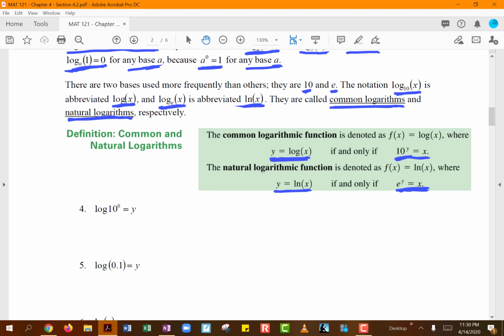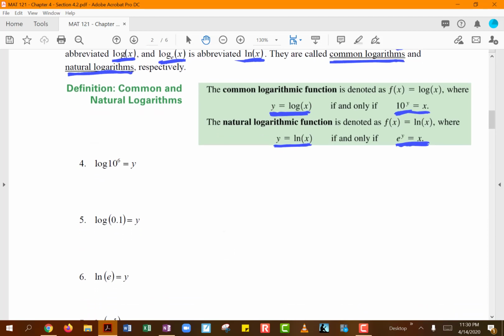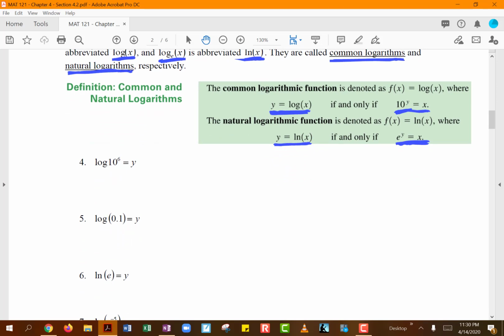So let's take a look at what happens when we try to solve these examples over here. Okay, so again, you want to convert these into exponential form. Remember, when the base is not mentioned for the logarithm, it's understood it's base 10. So the way you rewrite this is 10 raised to the power of y equals 10 to the 6th power, just like we did in examples 1, 2, and 3.